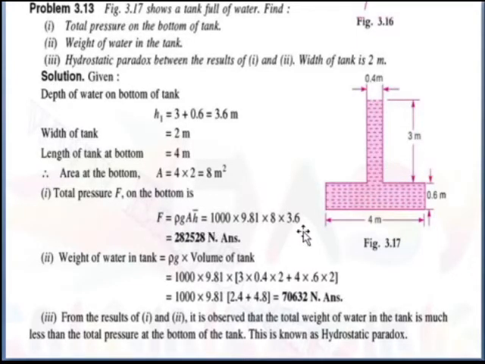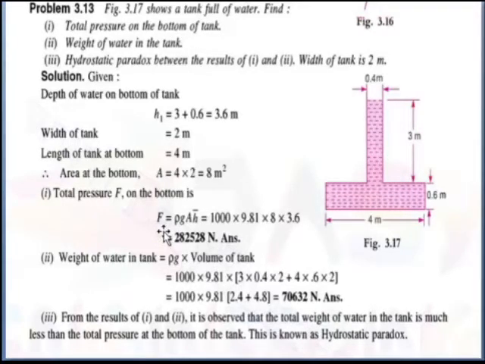Here the density of water is 1000, g, the acceleration due to gravity, is 9.81, the area we have already calculated is 8 meters square, and h bar is 3.6 meters. So by multiplying all these terms we get the final value of the total pressure.